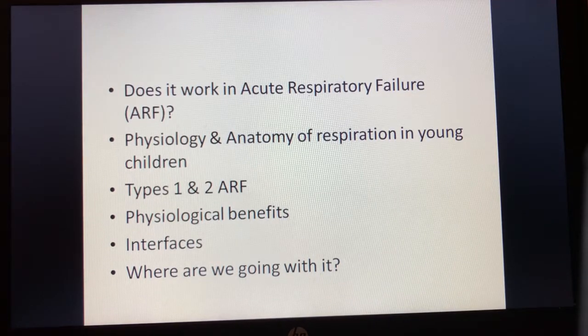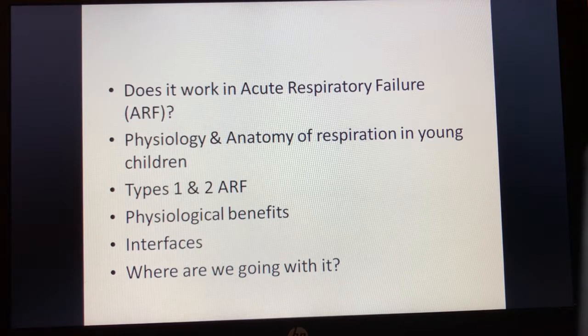So these are the areas that we're going to cover. Does it work in acute respiratory failure in children as well as neonates? I want to talk through a bit about the physiology and anatomy of breathing in young infants and children, and some of the physiology and how CPAP can help in both type 1 and type 2 acute respiratory failure.